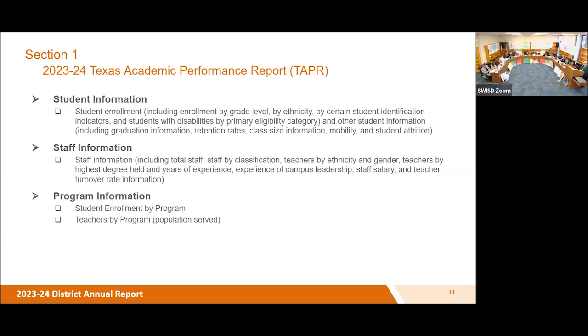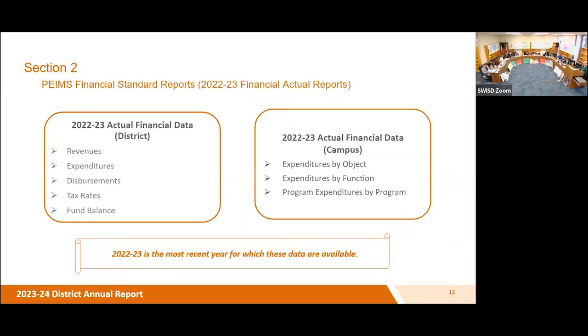Then we have our staff information, our total staff, staff by classification, the different groups of teachers that are serving our students, teachers by highest degree held and years of experience, all of that different staff information. And then our program information, how many students are enrolled in each program and how many teachers serve those populations. So all of that different information is in the TAPR.